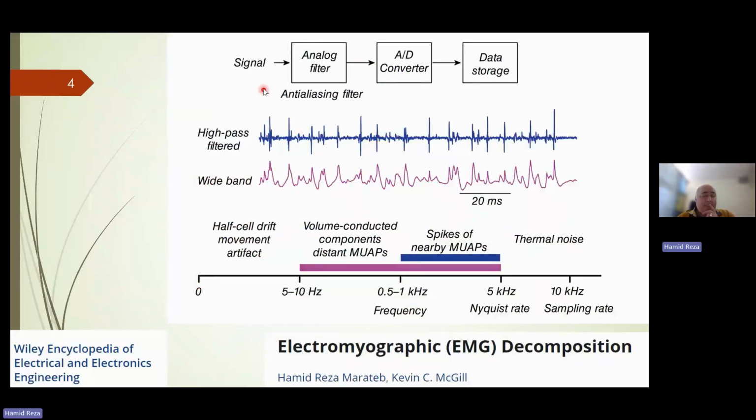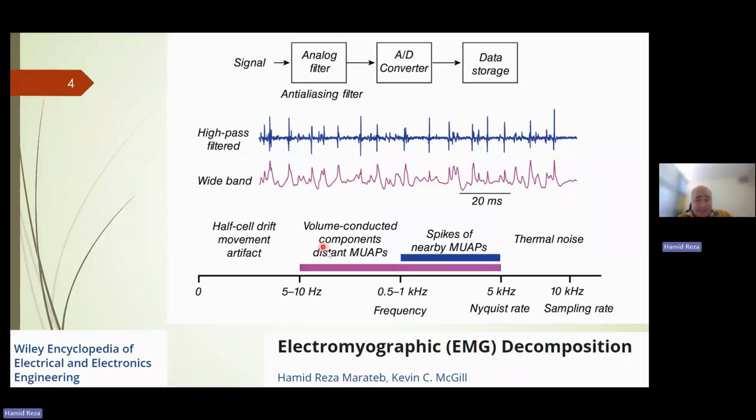Usually we have the analog signal. Then we also have a filter, usually an anti-aliasing filter, to reduce the bandwidth of the signal, and the signal is transferred to a discrete time signal and stored in the computer. When you look at the signal in the device, it is a wideband signal, as you see here.